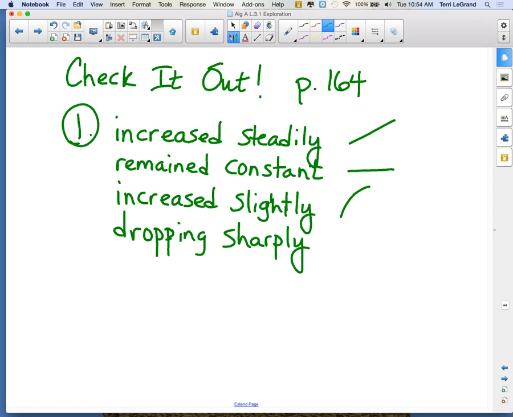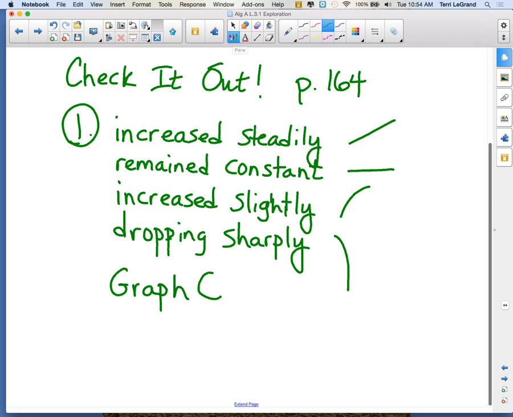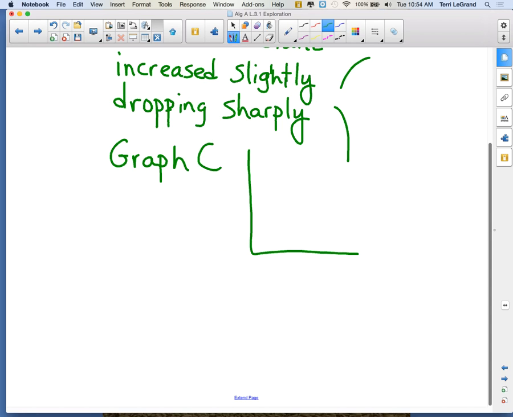And then our last one is dropping sharply. Well, on a graph, it's doing this, isn't it? Right? So is it dropping? And is it pretty sharp? It's probably even sharper on there than I made it on mine. I'll make it a little bit sharper. So when we put all of that together, we would say that we do agree that it would be graph C. And I want you to recreate that graph on your notes here.